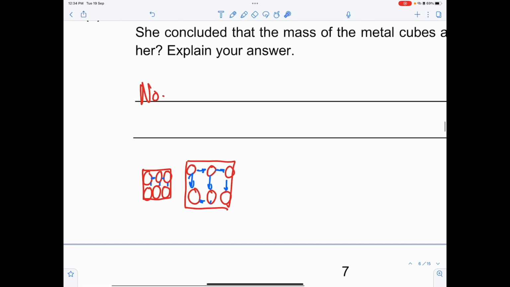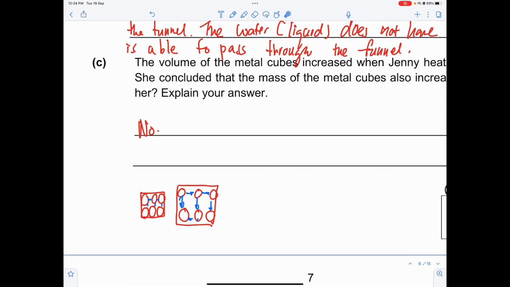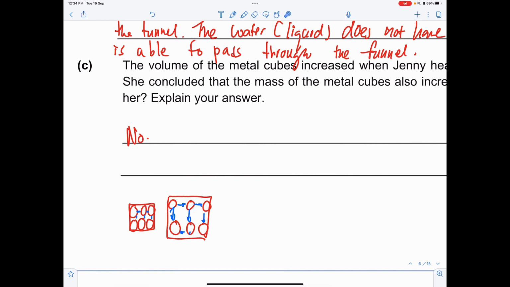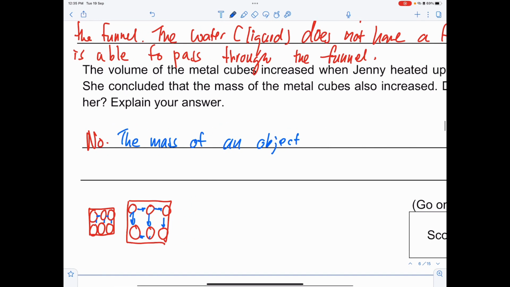So it's just no. The mass of an object does not increase during expansion due to heating.